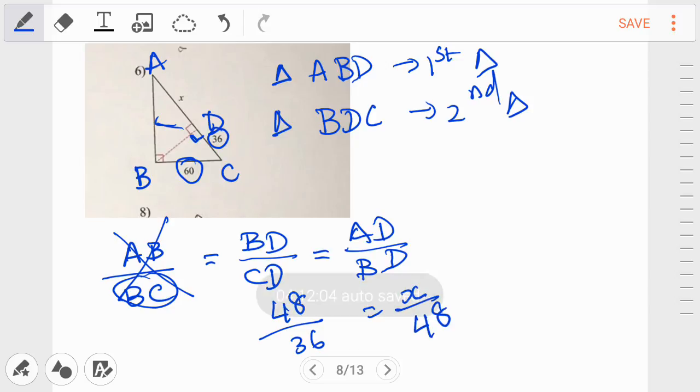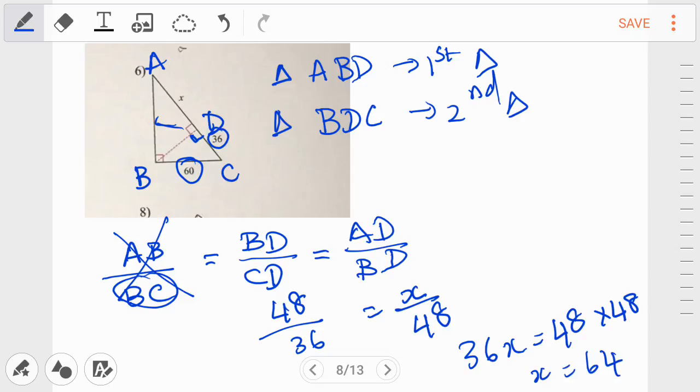So we cross multiply. We have 36x is equal to 48 times 48, and find the answer. All right, 48 times 48 would be 2304 divided by 36, which is 64. X is equal to 64. Do that math and tell me if you get the same answer.